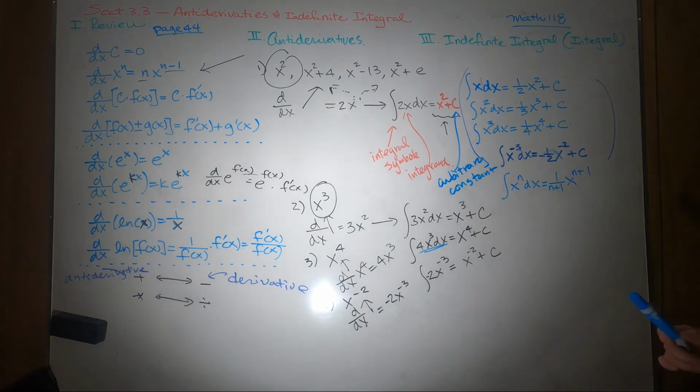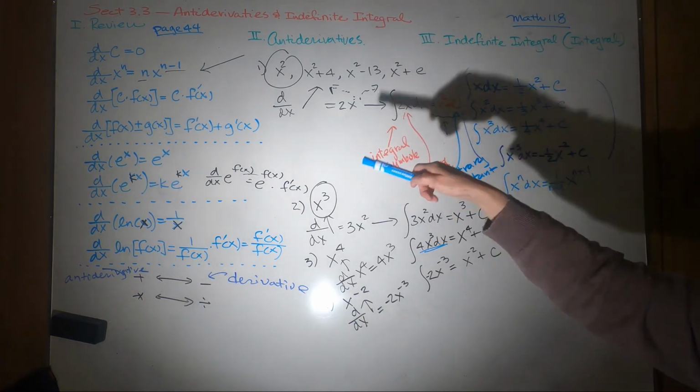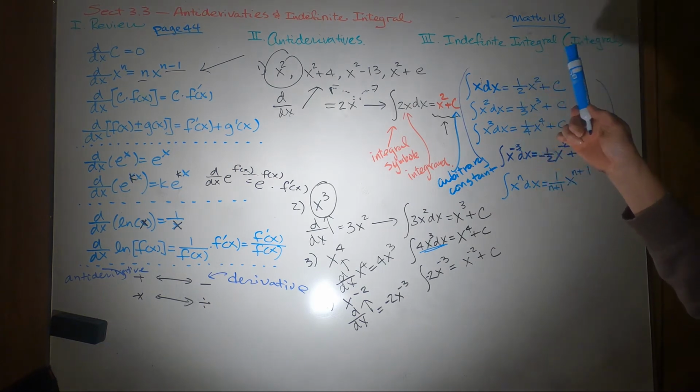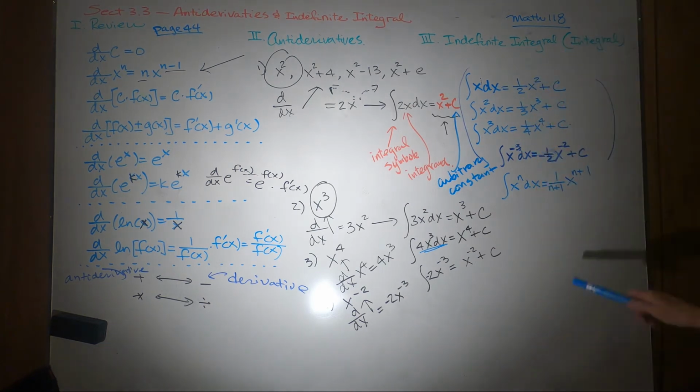When you do the antiderivative, you go a level higher, then divide by the power. It's totally opposite. The derivative goes a level lower and multiplies by its power. This one goes a level higher, then divides by its power.